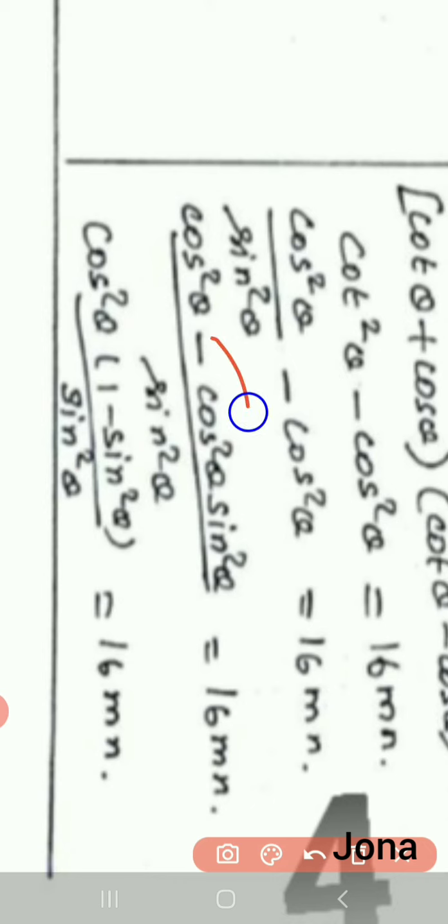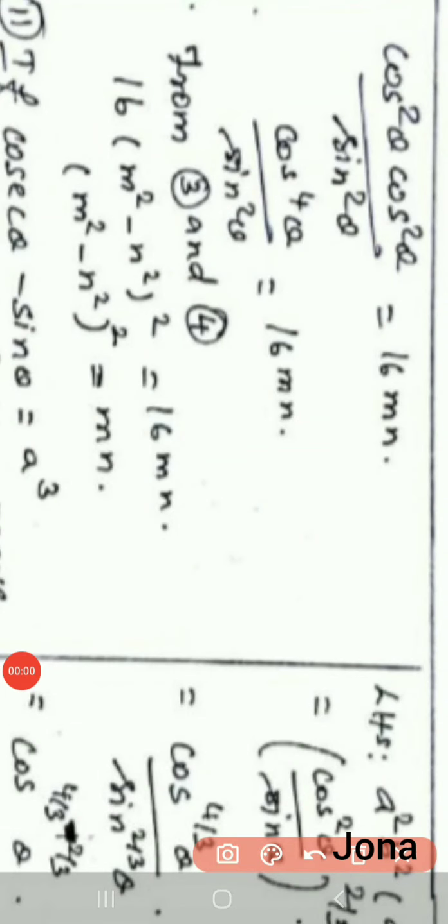Then take cos square as common. So cos square theta is common here, so 1 minus sin square theta divided by sin square theta. This 1 minus sin square theta I can write as cos square, isn't it? So cos square, we want to split that cos power 4 like this.